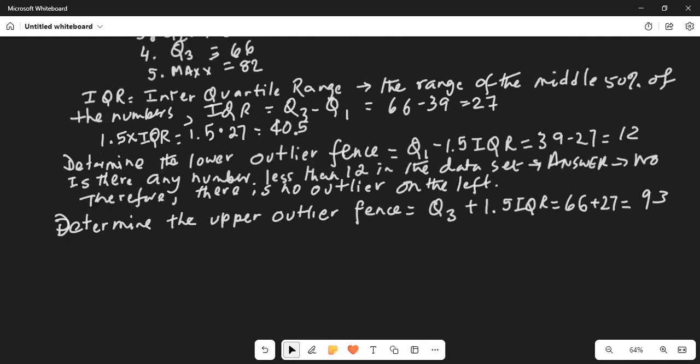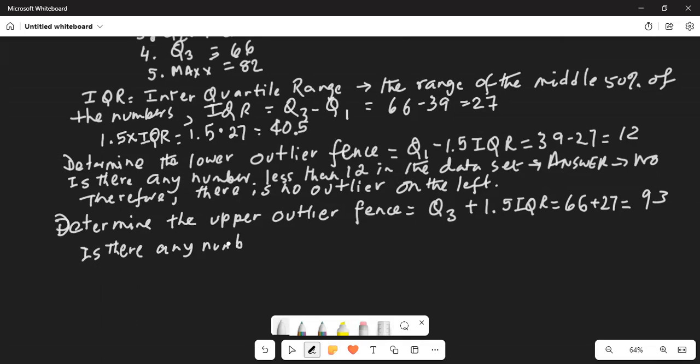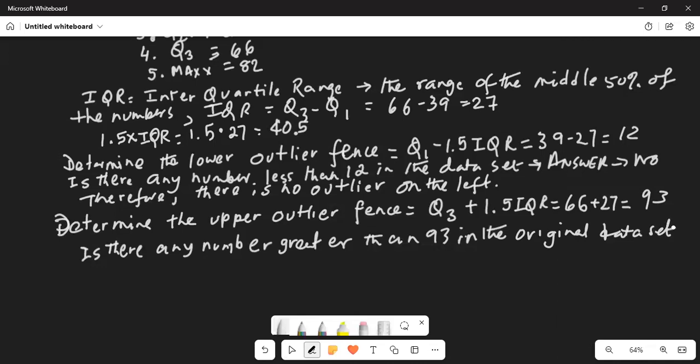So the question is, is there any number greater than 93 in the original data set? Answer is no.